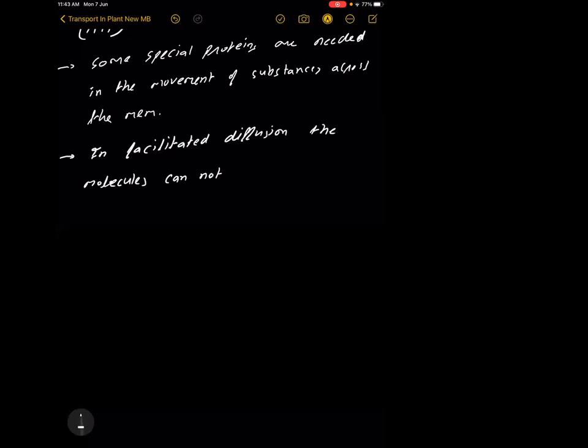Fine. So in facilitated diffusion, the molecules cannot move from low concentration to high concentration.